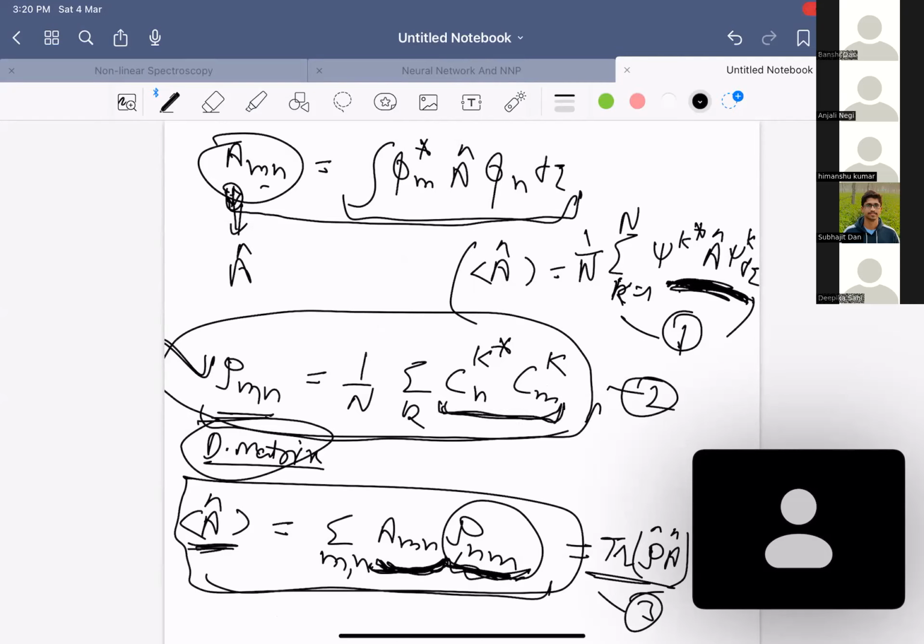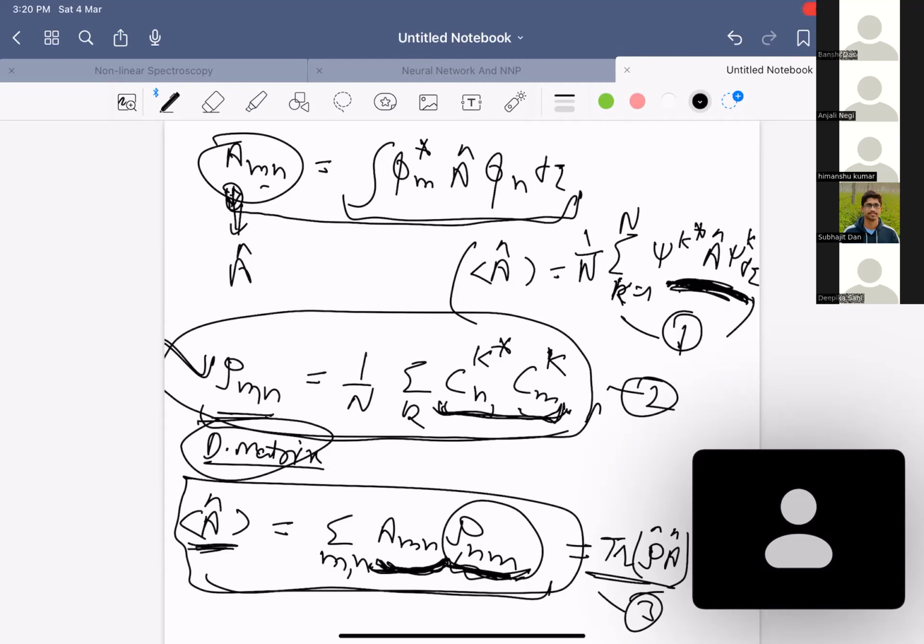coefficients. These are the coefficients of finding a particle in the kth state. So these are the probabilities, basically the probability of finding a particle in the kth wave function, suppose.